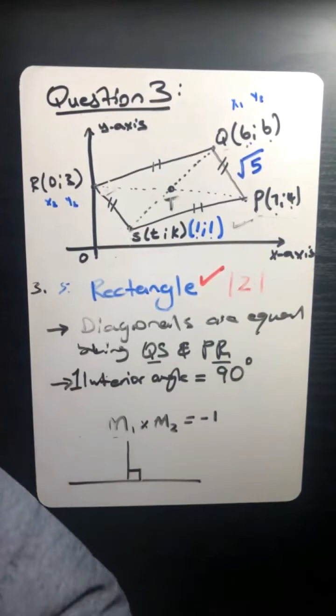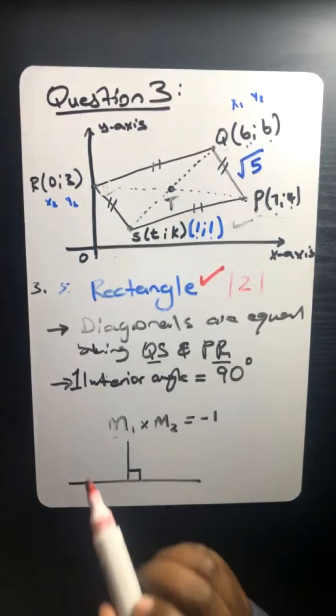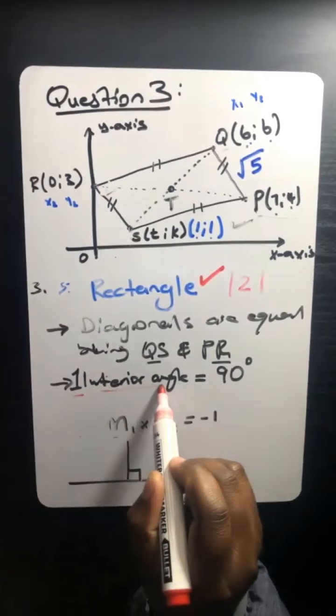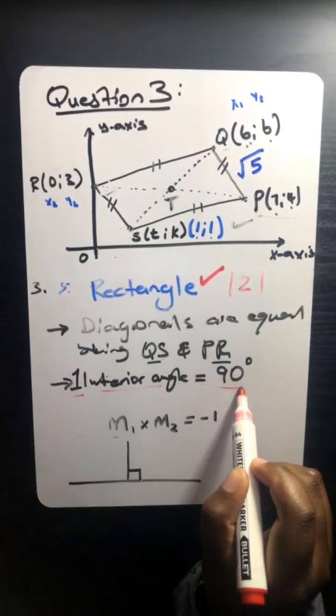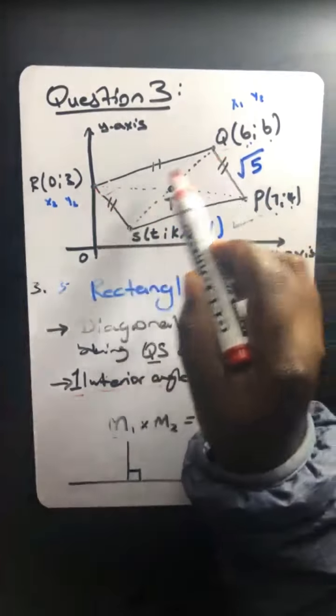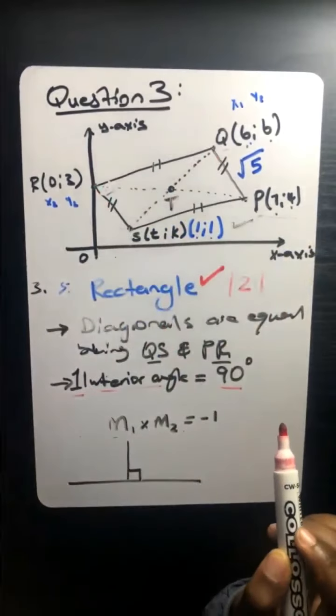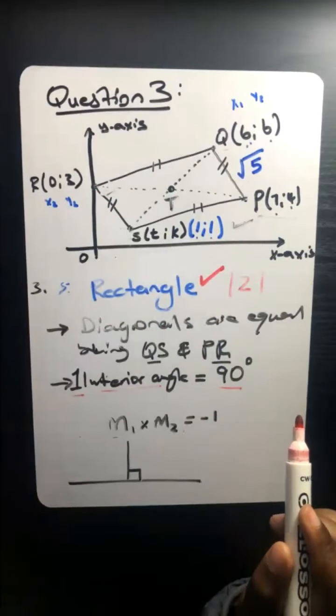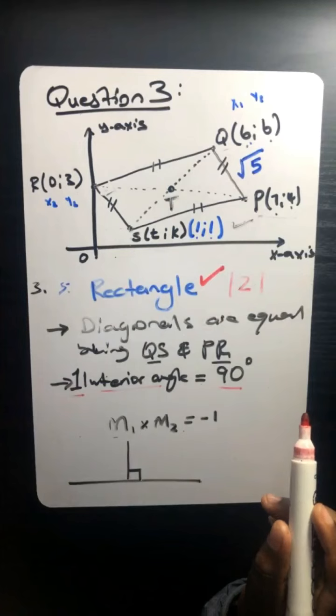That is the reason why we are saying one interior angle is equal to 90 degrees. We proved it in the previous question when we said that gradient times that gradient is equal to -1.